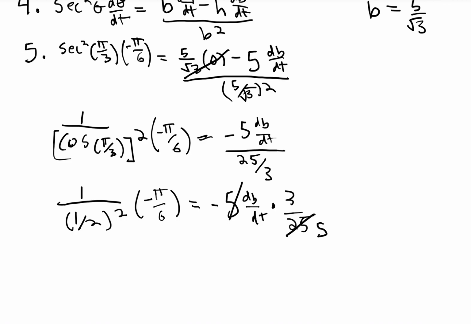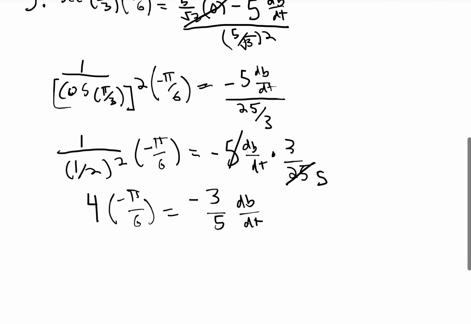Down here I've got 1 divided by basically a fourth. If you're dividing 1 by a fourth, it's really the same thing as multiplying by the reciprocal of a fourth. So this piece on the left is going to simplify to 4. 1 divided by a fourth is 4, times this minus pi over 6. And all this clutter over on the right hand side will simplify to minus 3 over 5 dB dt.